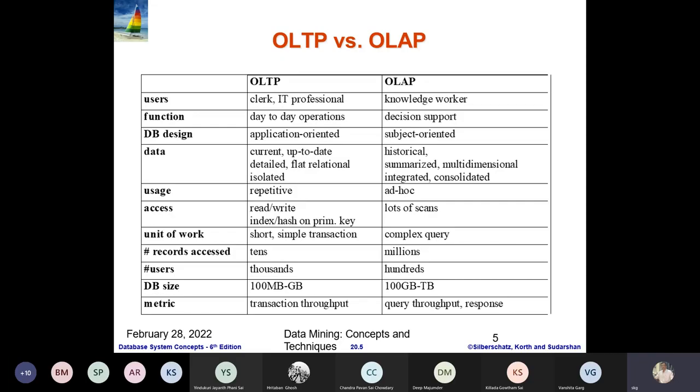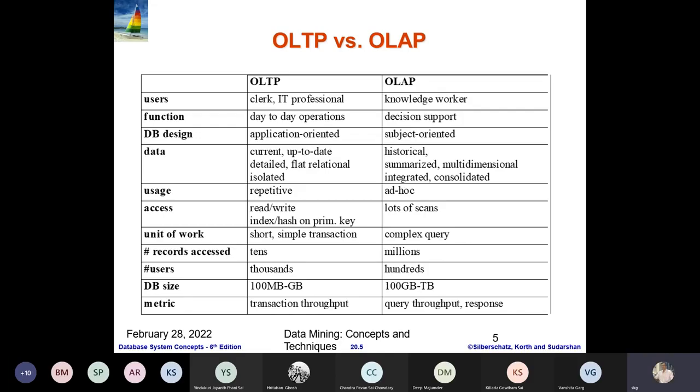So these are the data sets we look at, right? Whereas in case of OLAP, these are more historical data, where on the temporal scale we can have summarization of the data, multi-dimensional, needs to be integrated and consolidated, right?